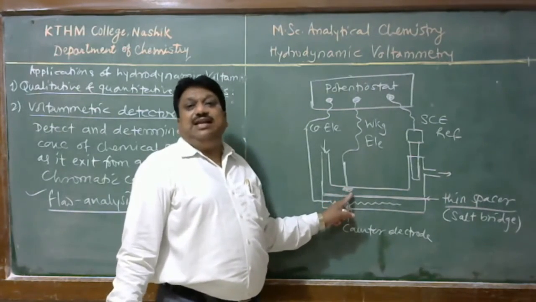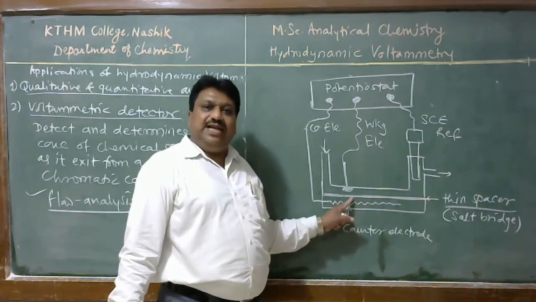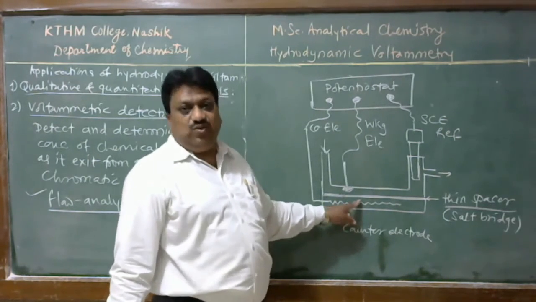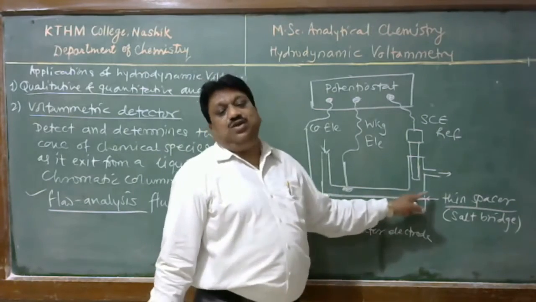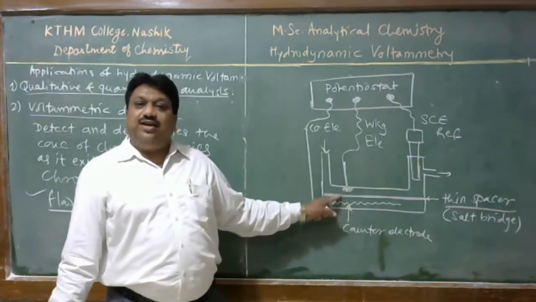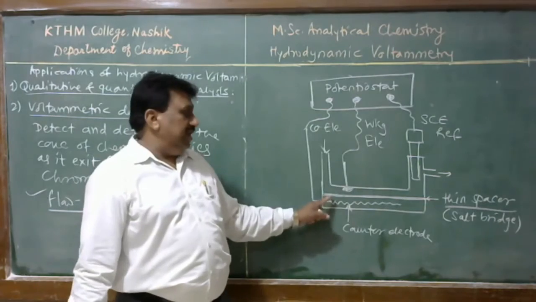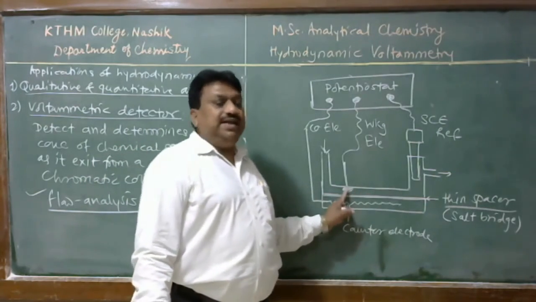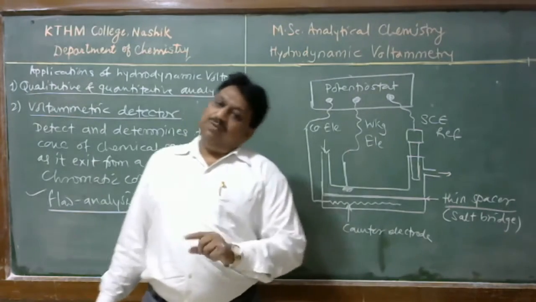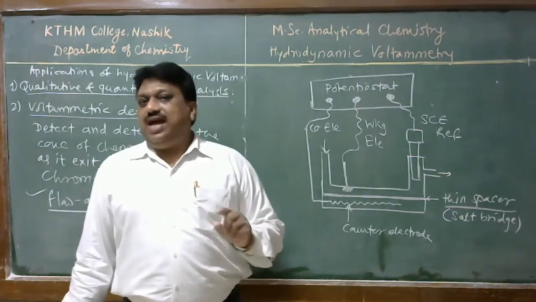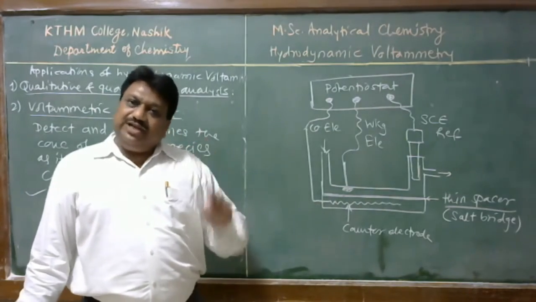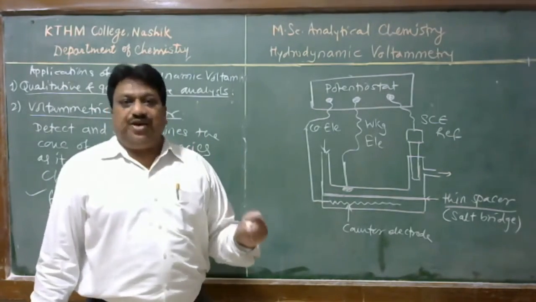Then when that analyte comes in contact with this working electrode, that particular component gets reduced, while the others do not, because that potential is not the reduction potential of the other components. Therefore, the other components do not interact at the working electrode, and only the specific component undergoes reaction there, because that is the potential at which that particular species undergoes oxidation or reduction.